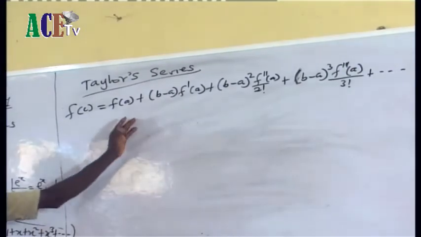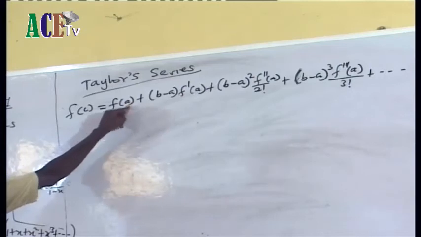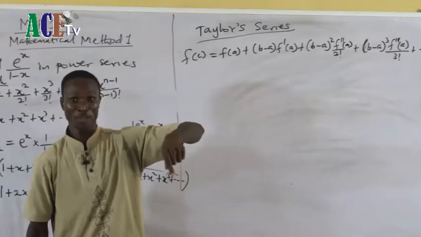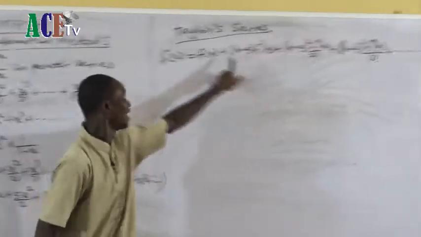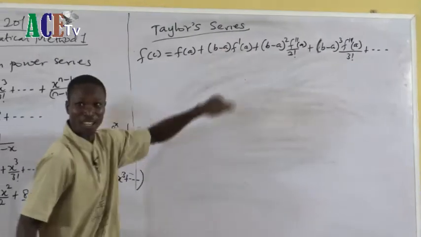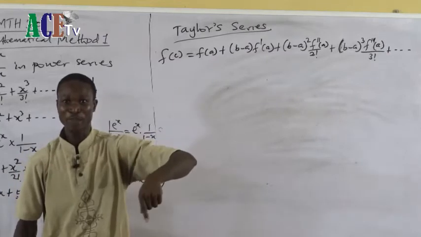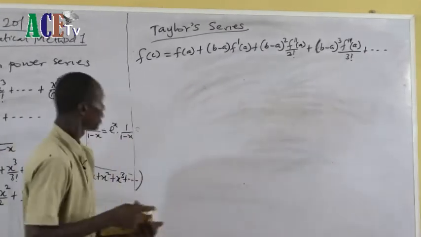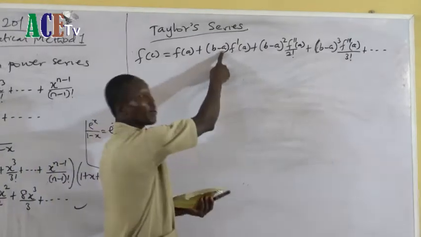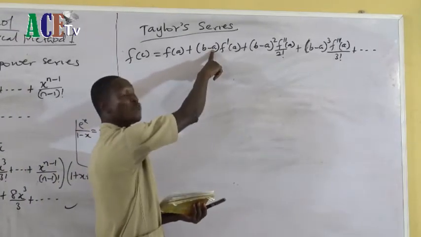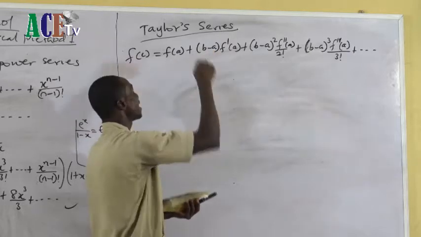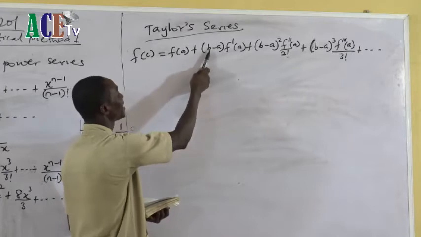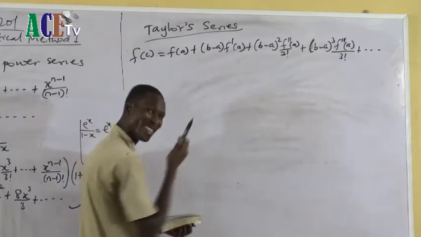Don't forget this a is the limit about which you were given to expand your function. And I said when we get to Maclaurin, this a will be equal to 0. Don't forget, this was given to us as the limit of a and b.